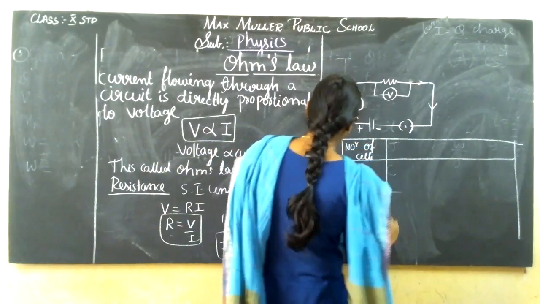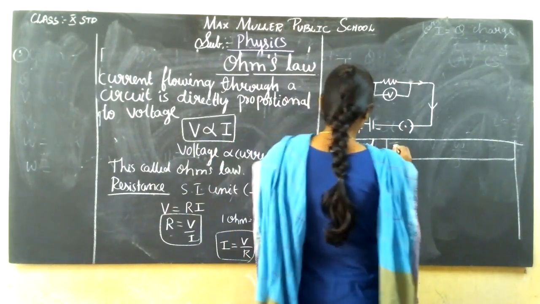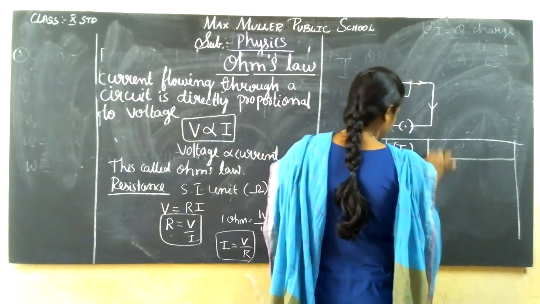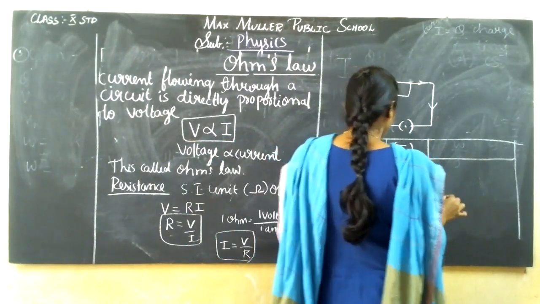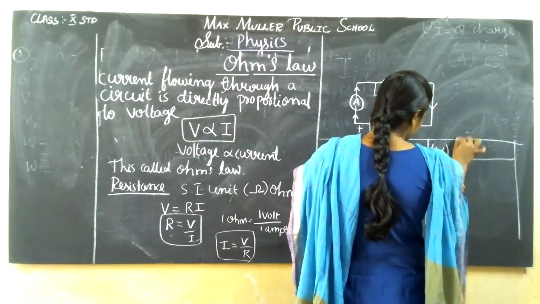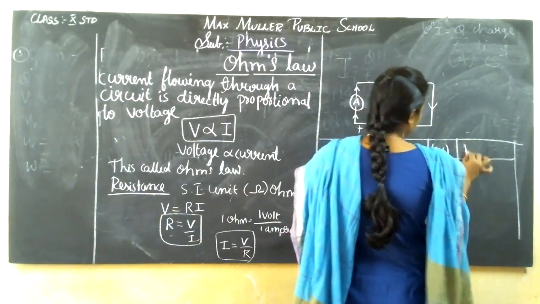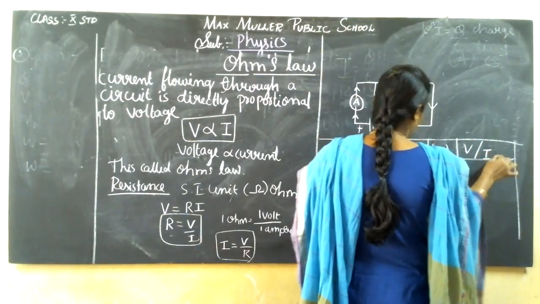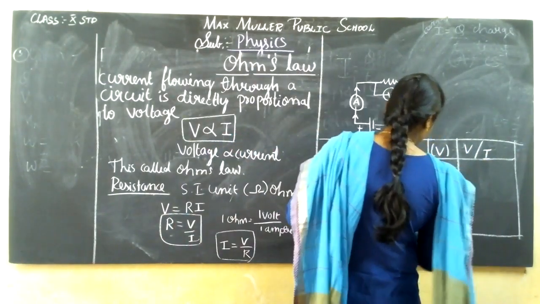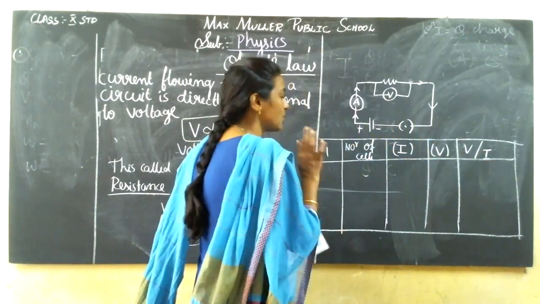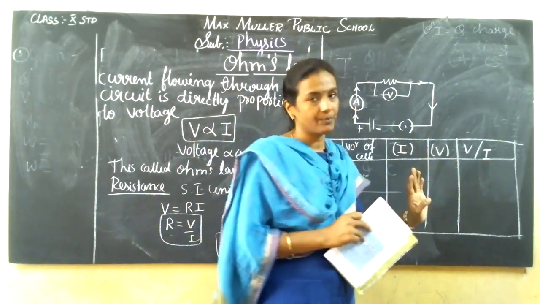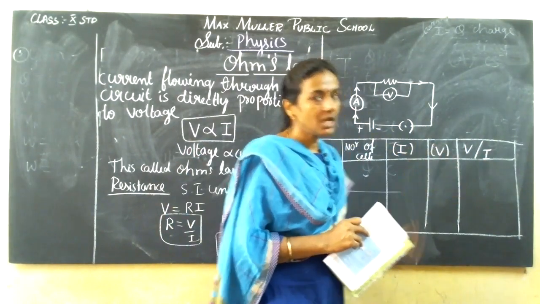The second column will take the current through the wire, that is I. The next column will take the potential difference across the wire, that is V. Next we'll see V by I. This is what we are going to do here, finding the relation between I and V, current and potential difference.